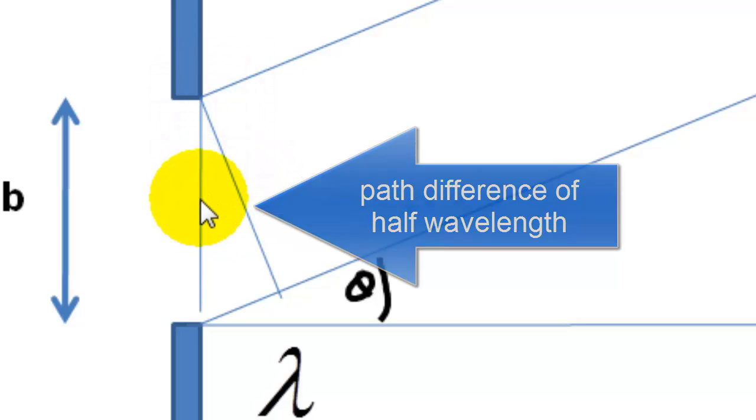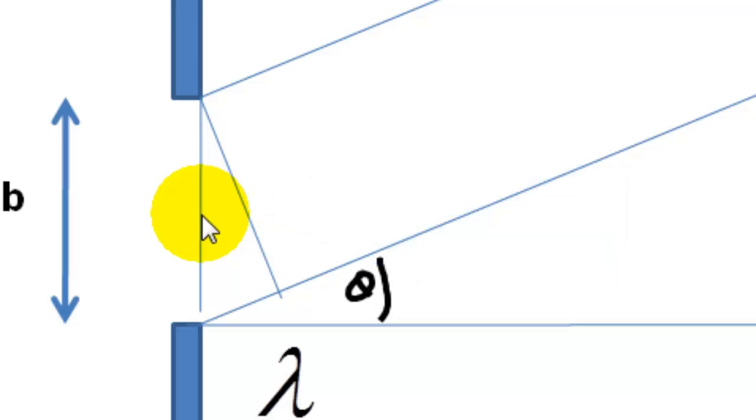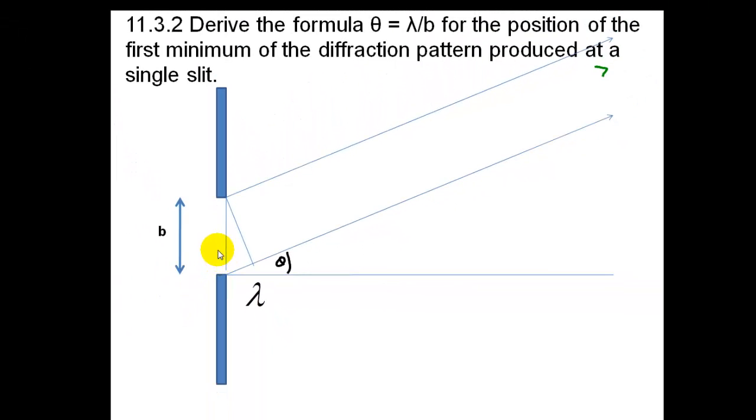The one slightly below it will be half a wavelength out of phase with the one there. The one near the bottom will be half a wavelength out of phase with the one almost in the middle. So for every point you come across here, there's another part of the slit which will be the source of a wave in antiphase with it, which will interfere destructively with it.